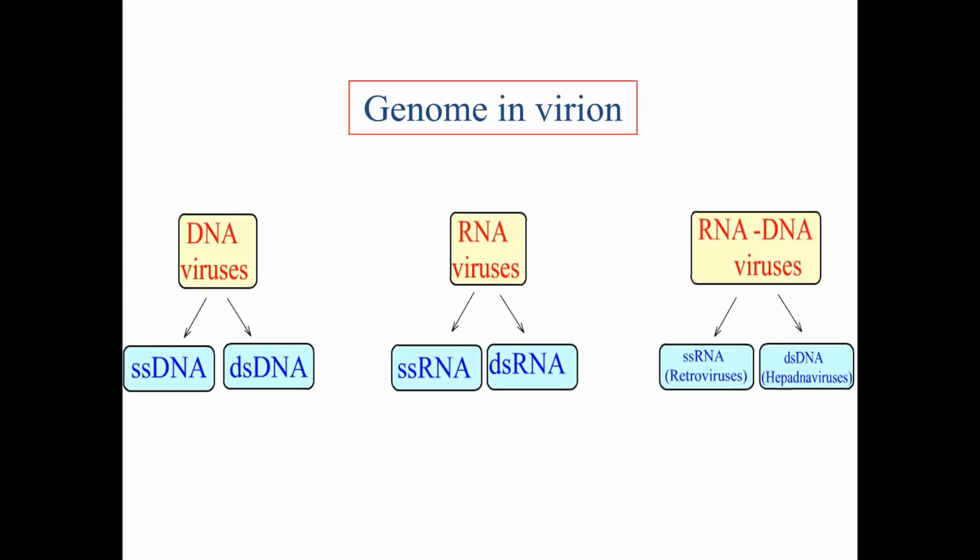So we can have different types of genomes present in virions or viruses. You can have DNA viruses, and these types of viruses either would be single stranded DNA viruses, or double stranded DNA viruses. So you can have two types of DNA viruses. Similarly, you can have two types of RNA viruses, single stranded or double stranded RNA viruses.